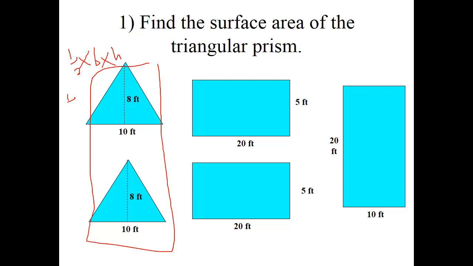So half times 8 times 20, so it's going to equal half times 8 is 4, 4 times 10 is 40. So the area of the one triangle is 40.